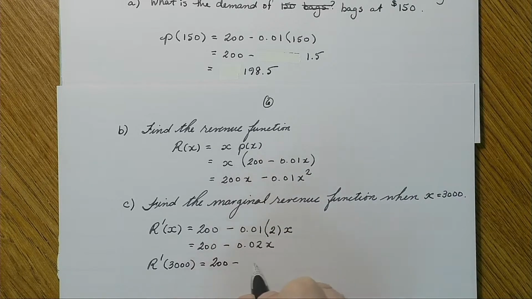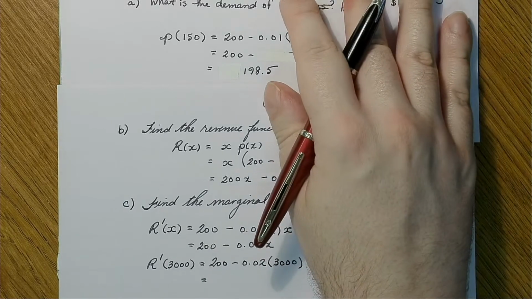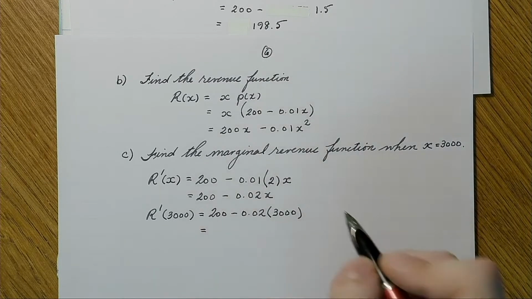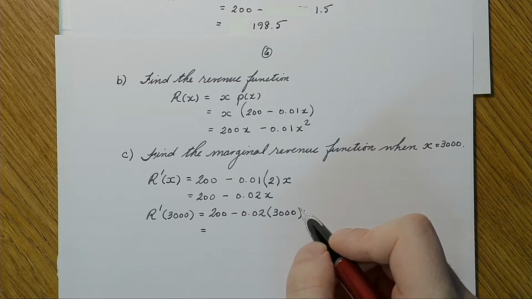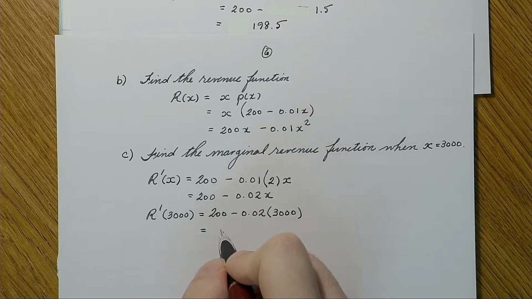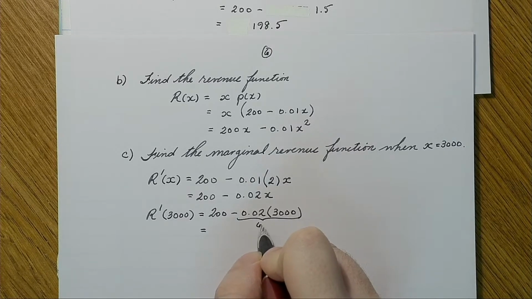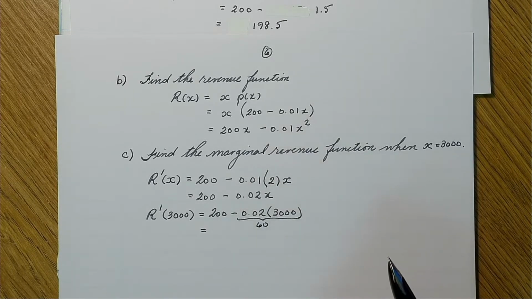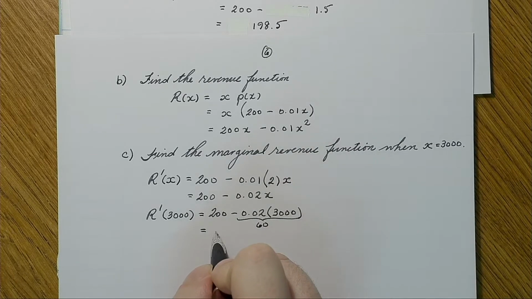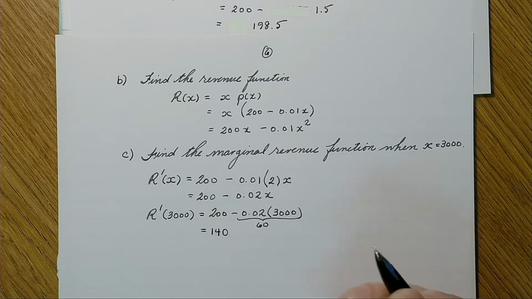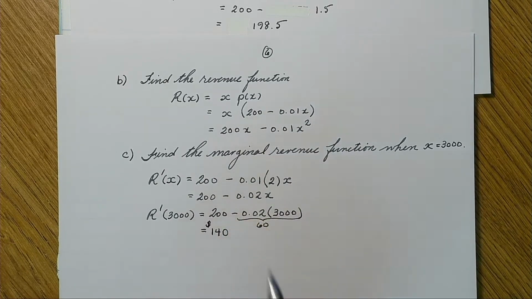It becomes 200 minus 0.02 times 3,000. 60, so 140. I think I did that right. So that is 140.